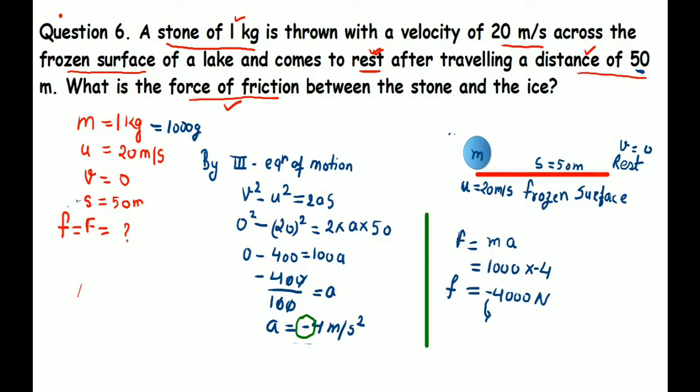This is correct, students. Now what does the minus sign show here, students? The minus sign shows the direction of force is opposite to the direction of motion. Correct, students? I think this question is clear to you.